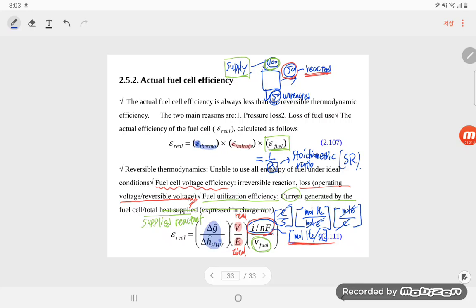If we want to make 50, then we should supply 100 to react 50, right?